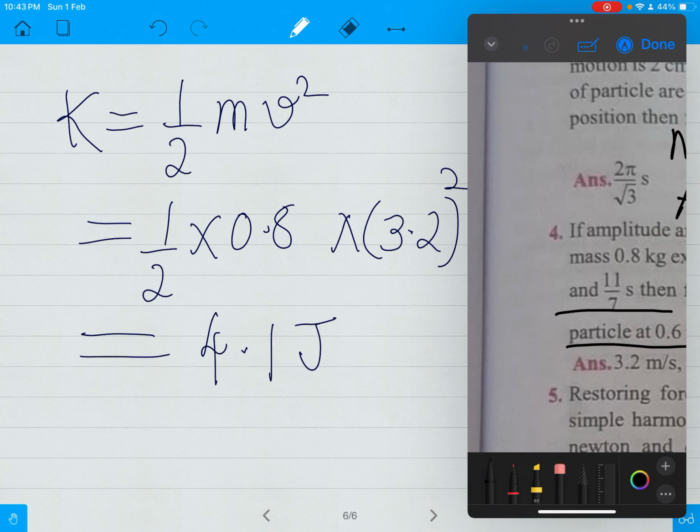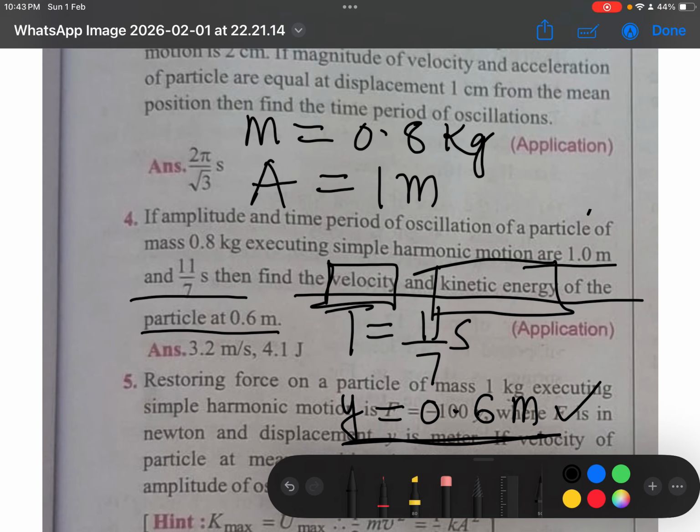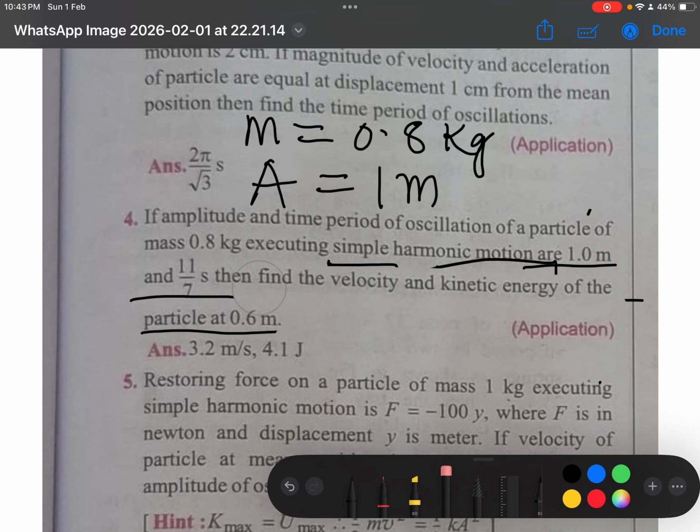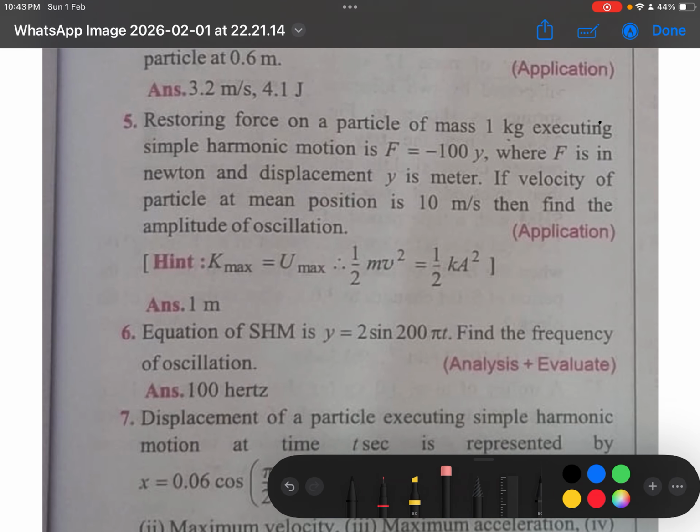Now all of you see the next question, question number 5. What is question number 5? All these questions are directly formula based. Now the restoring force acting on a particle of mass 1 kg, m equals this, executing SHM is this. Now what is the formula of restoring force?